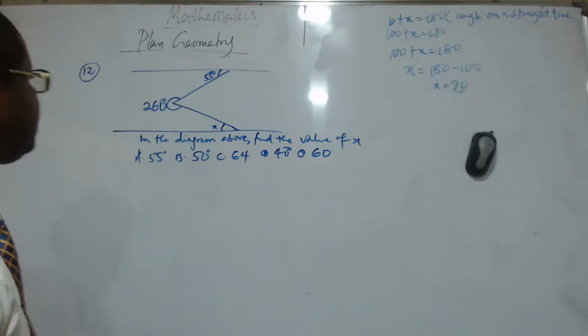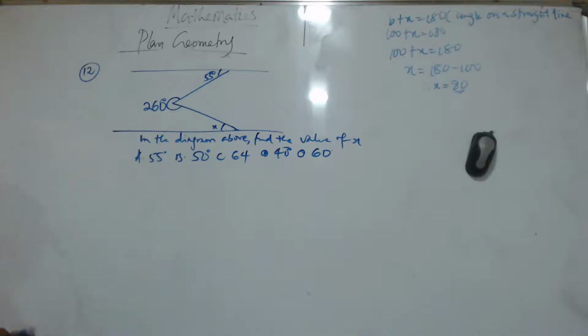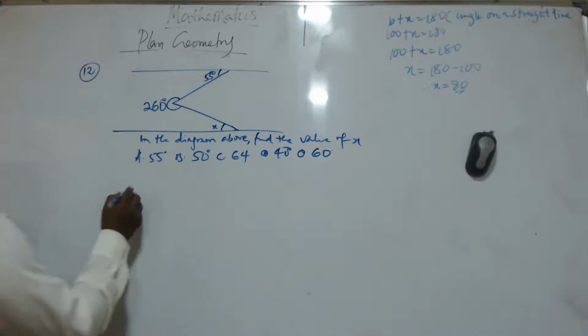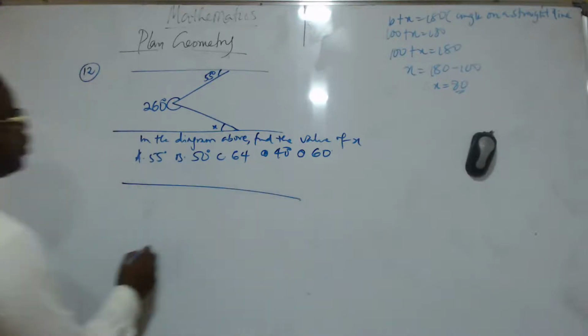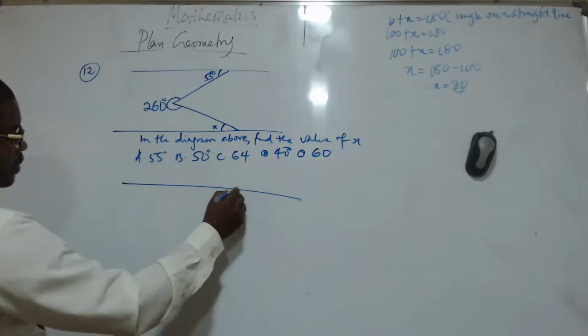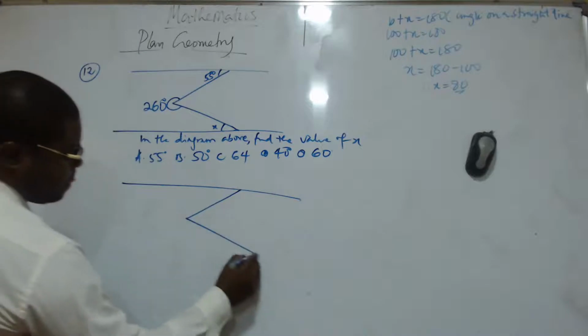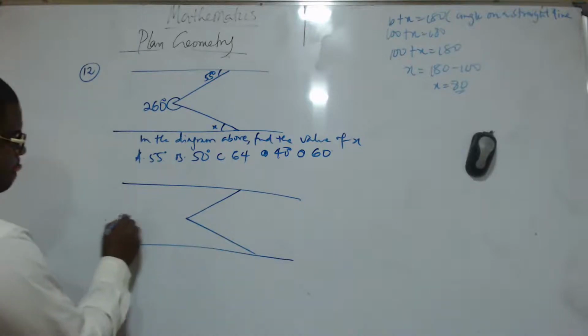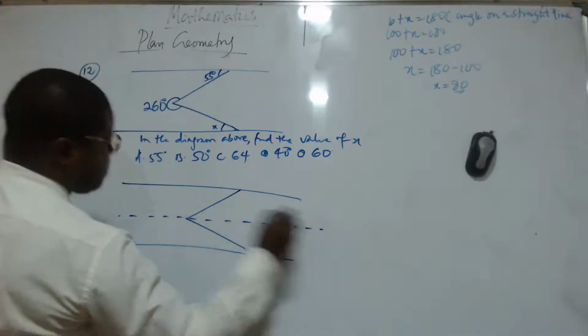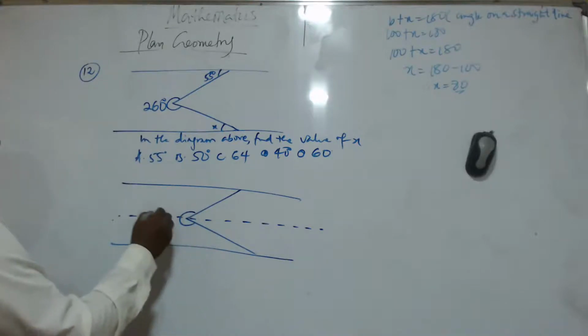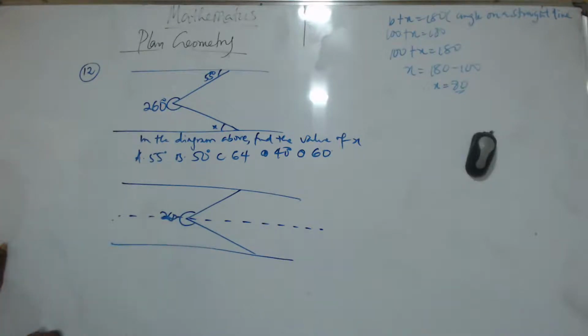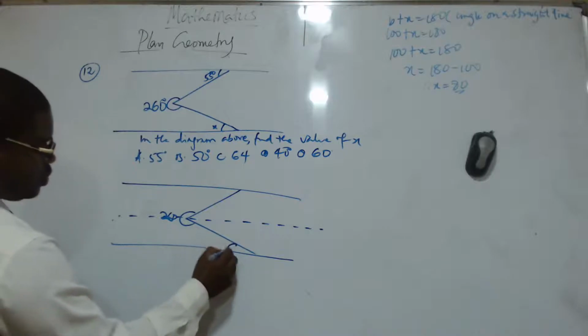Okay, now let's see how that is done. Also, we said in this kind of question, divide it out again. The whole of this is 260.